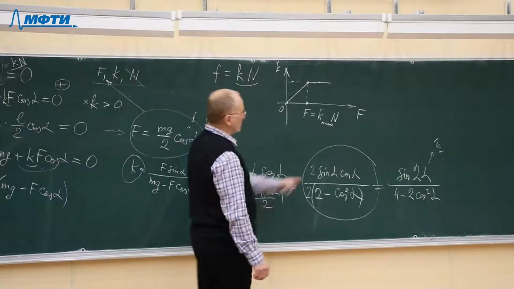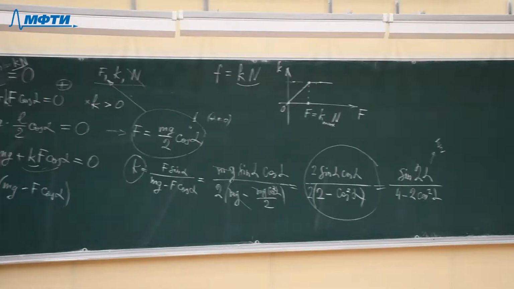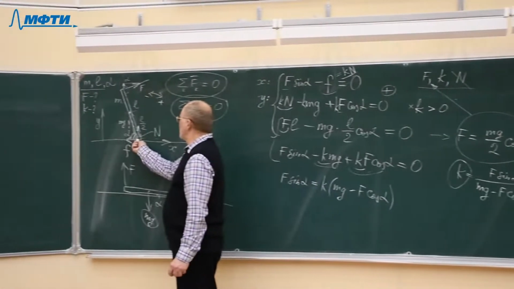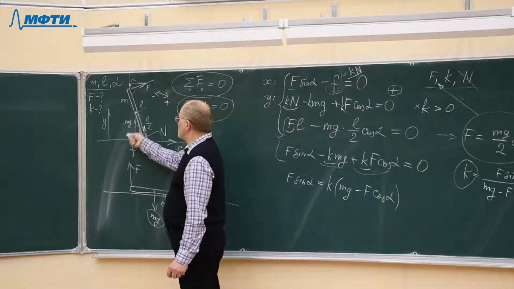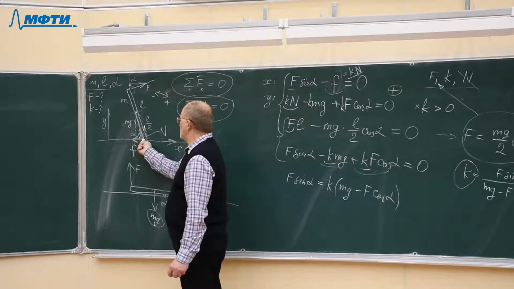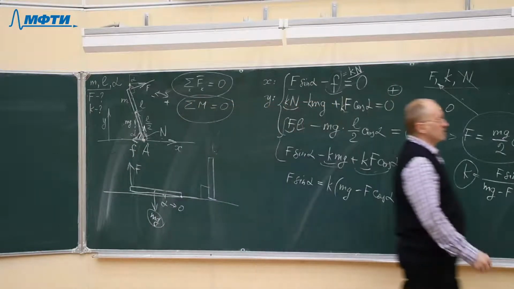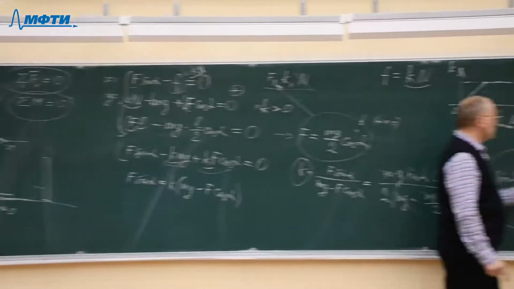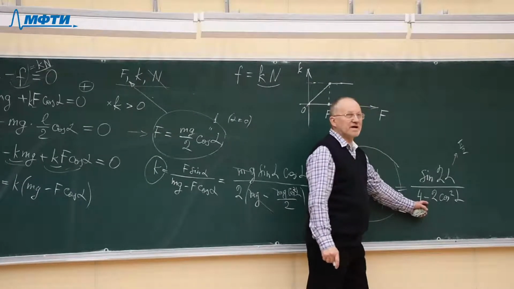In this particular problem, the rod will not necessarily slip sideways at any particular angle. It may remain always at the same point. So this formula may give you a varying coefficient of friction, which will never reach its maximum possible value.